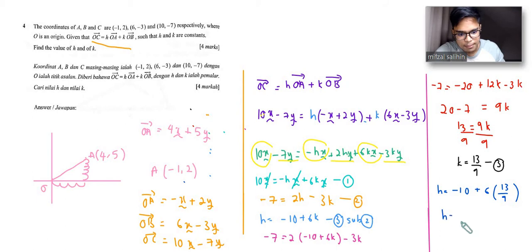I can simplify and find the answer for h. Let me press it in the calculator. Negative 10 plus 6 times 13 over 9 gives h equals negative 4 over 3. So now we have found the value of k, which is 13 over 9, and h, which is negative 4 over 3.